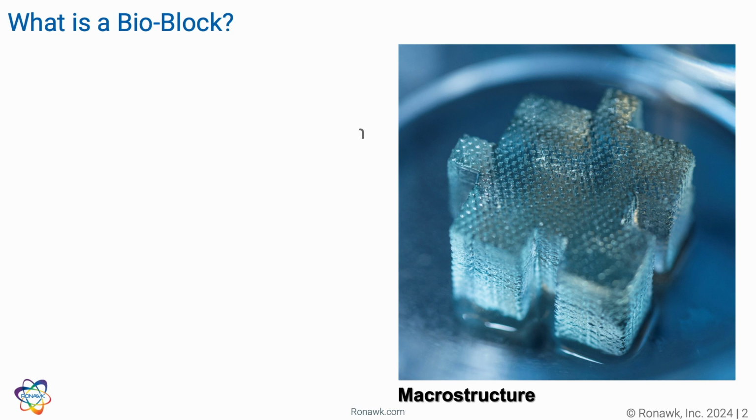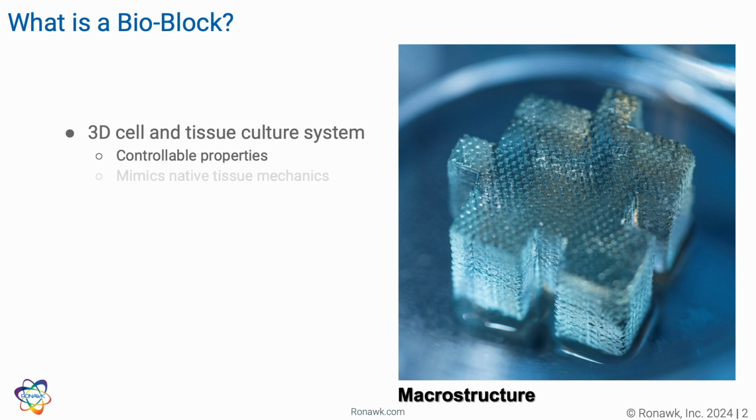Its microstructure looks like a puzzle piece, and it allows for more controllable properties that will mimic tissue mechanics. What that means is that at Ronawk we have the capability to manipulate that hydrogel so it mimics the mechanics of your tissue of interest.